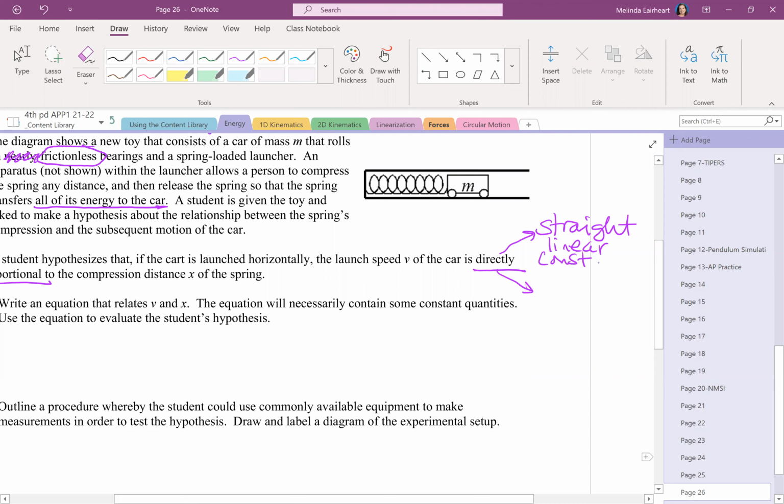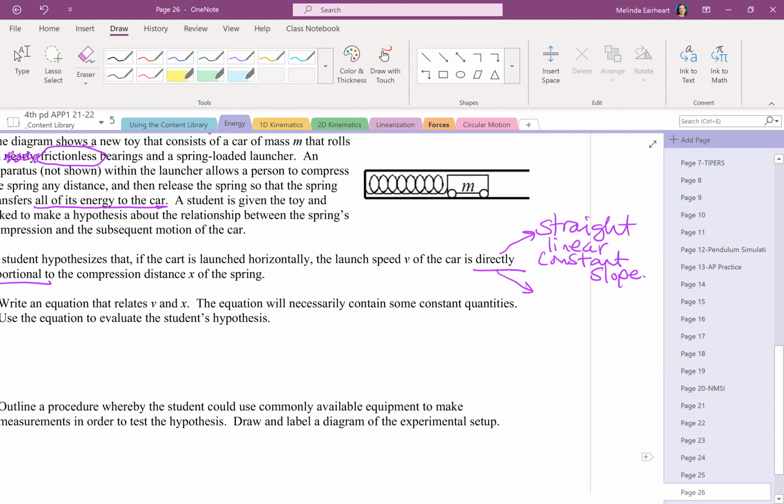Constant slope. And it means one other thing. If one variable increases, the other increases. But even closer to that, if one doubles, the other term doubles.